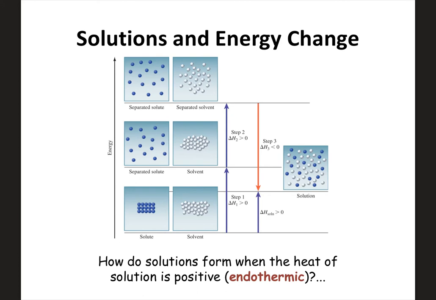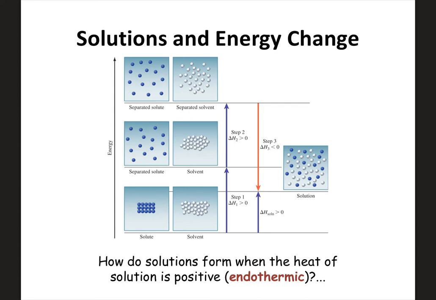And we can see the same thing again from this picture. Here's your solute and your solvent individually. The first thing we do here is separate the solute, the expanding the solute part. It takes energy to break the IMFs in the solute. And then we have our solvent. We break the IMFs in the solvent.